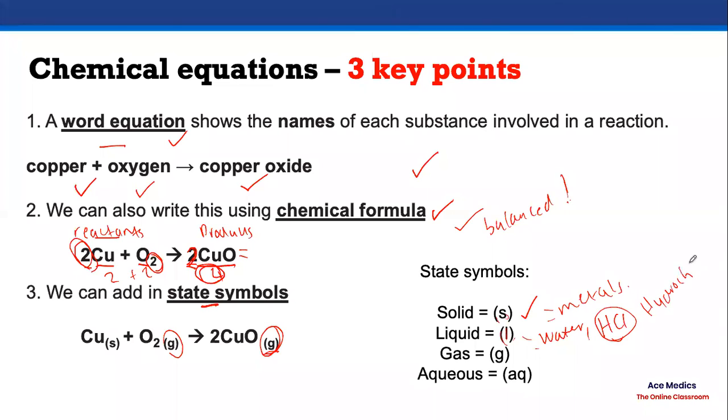We can also have the state symbol gas, like oxygen, or CO2, which is also a gas. Aqueous means in solution. When something is dissolved in solution, like a salt such as calcium carbonate, we say that's aqueous, and that is aq in small brackets. But the ones you will see most are solid, liquid, and gas.